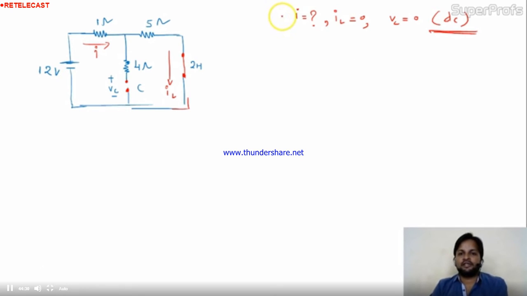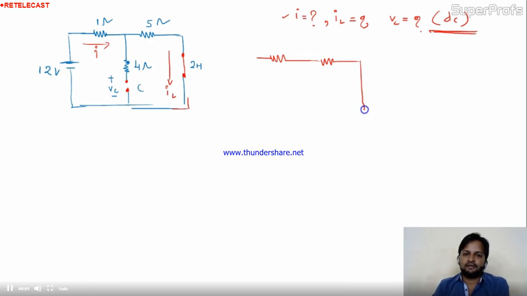Now the question is to find I, IL and VC. Now your circuit is like this: 1 ohm, 5 ohm short circuited, like this.